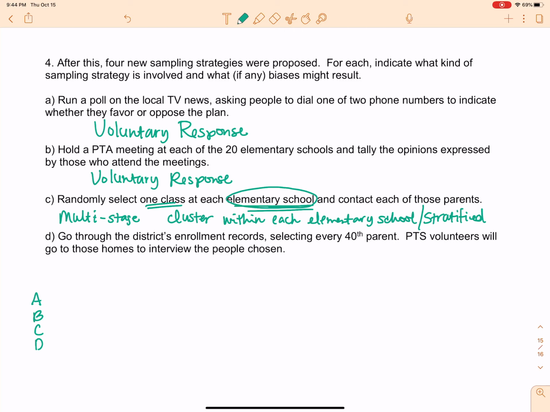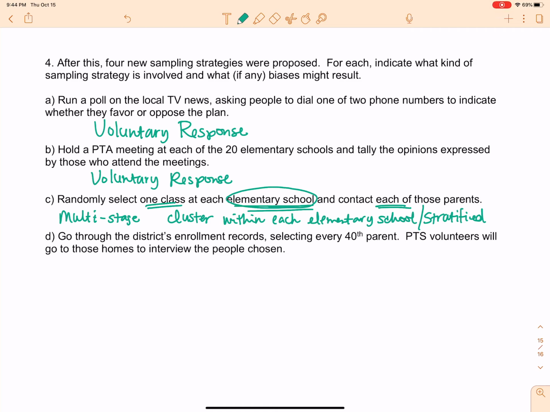So in elementary school A, I randomly select one class, and I contact each of those parents. So these are my strata. The elementary schools are my strata, and then my cluster is the classroom that I choose for all of the parents to respond to.